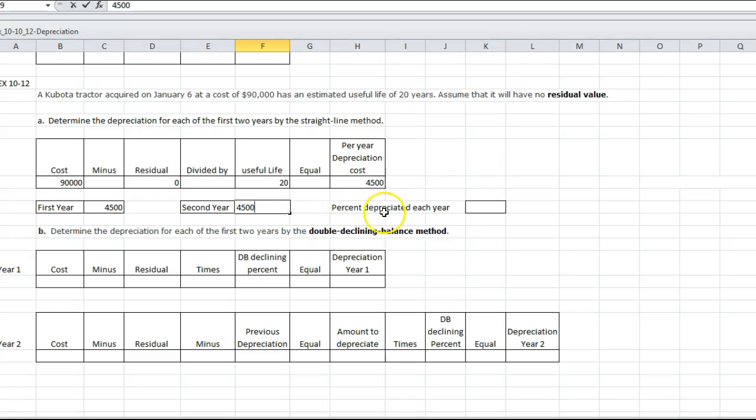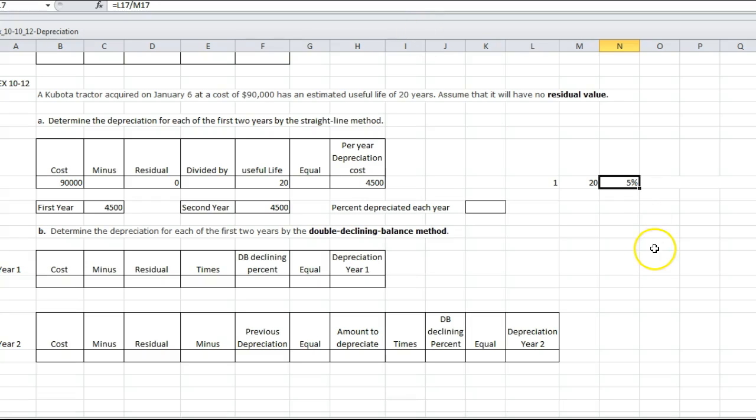Now, what we're looking at is how much depreciation that is as a percent a year. Actually that's like 1/20th of the whole period. So what percent is that? 1 divided by 20, and we find out it's 5%.